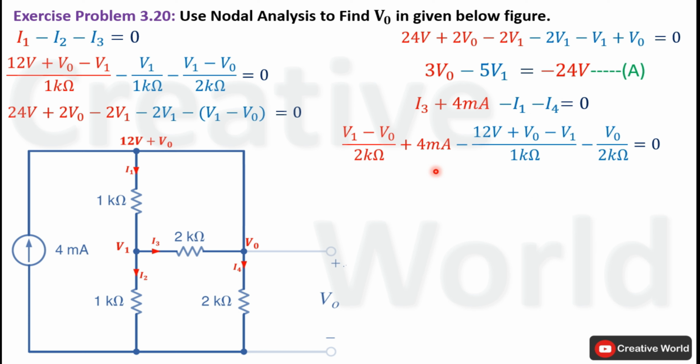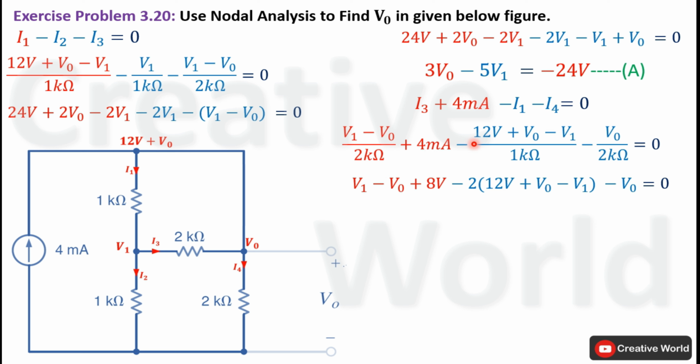Now in order to omit all denominator values, we will multiply this equation on both sides with 2 kilo ohm. Product of 2 kilo ohm and 2 kilo ohm in denominator will cancel out with each other, only V1 minus V0 will be left. Here product of 2 kilo ohm and 4 milliampere will result 8 volt.